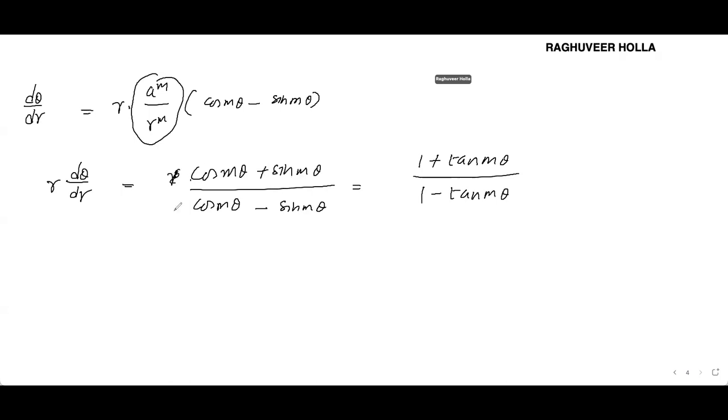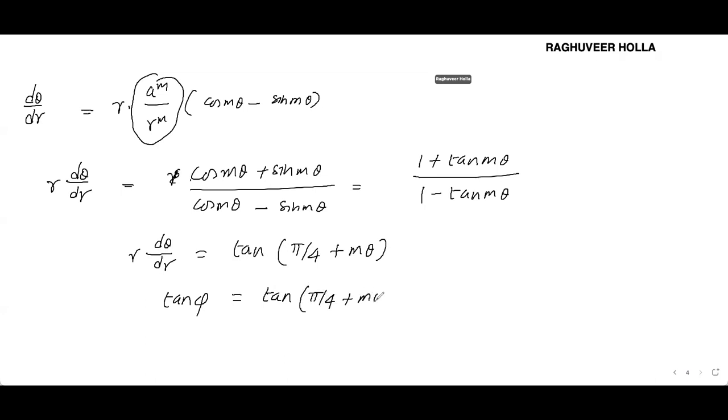Okay, so r d theta by dr is equal to tan of pi by 4 plus m theta. Okay, now this is tan phi, which is equal to tan pi by 4 plus m theta. Okay, so we obtained the required angle from this, that is phi, which is pi by 4 plus m theta.